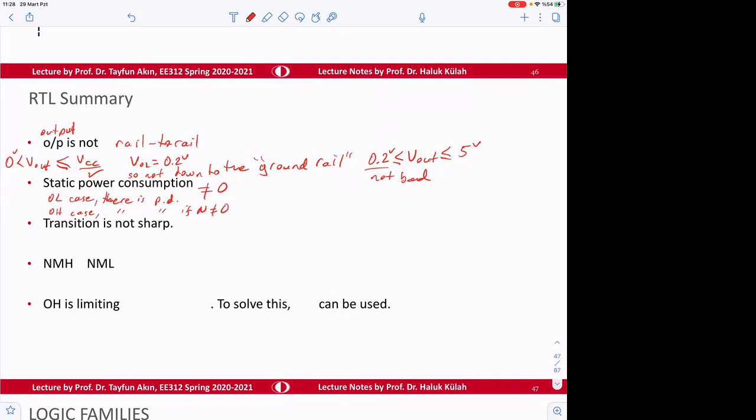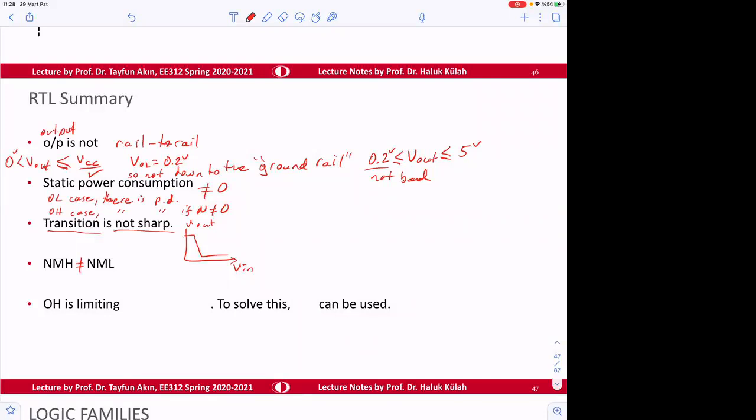Okay. So another thing is the transition is not sharp. As you notice, it's coming like this and it's going like that. Okay, V in, V out. And then noise margin high is not equal to noise margin low.